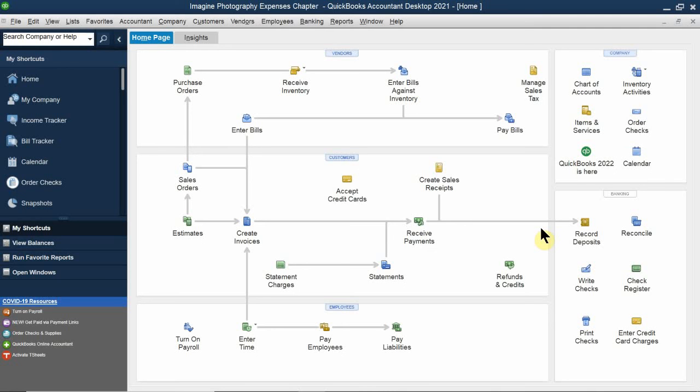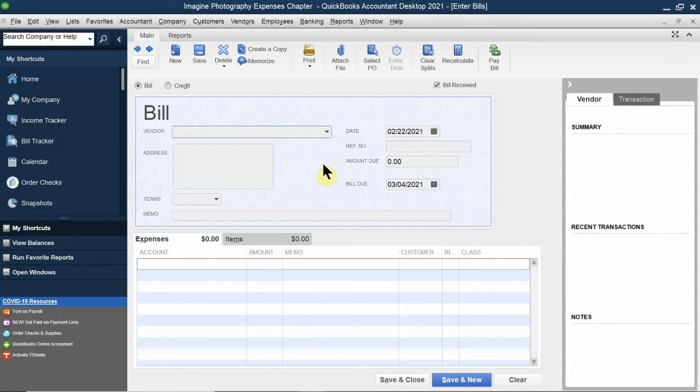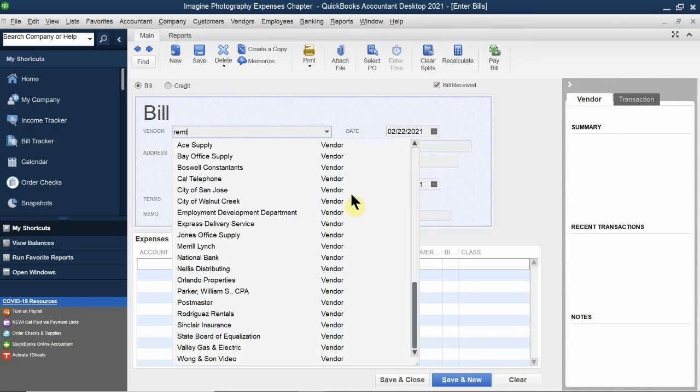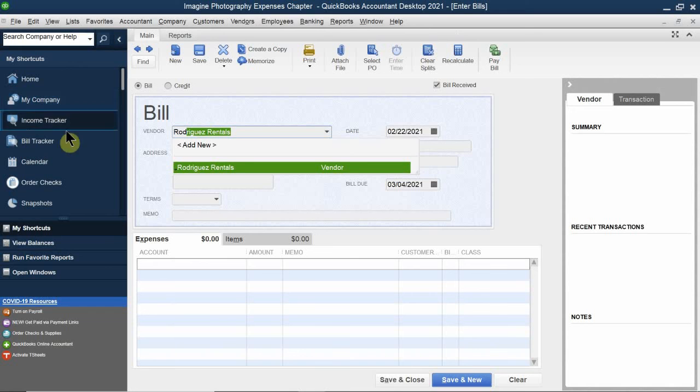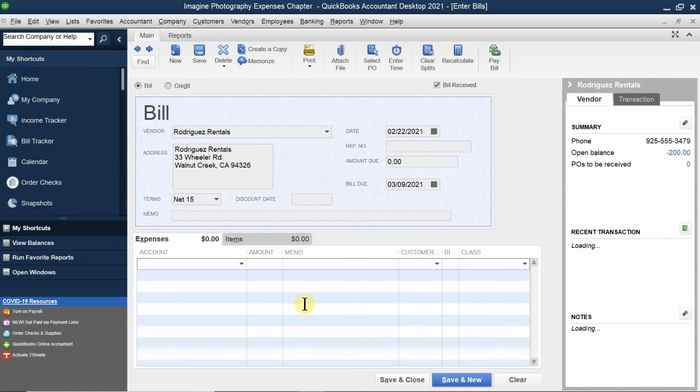So then now I need to enter in the bill. I need to enter in the bill from Rodriguez Rentals for the equipment rental.